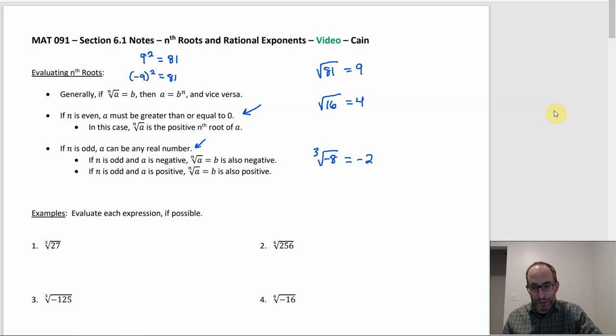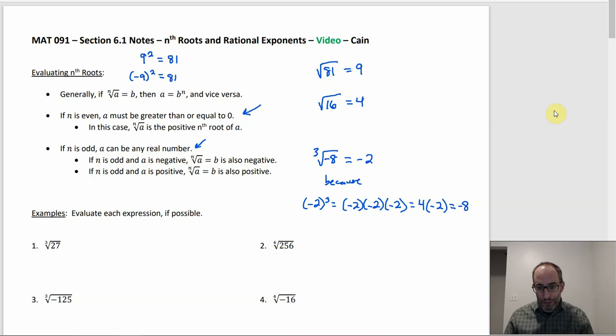And the reason for that is that if you have negative 2 cubed, that's negative 2 times negative 2 times negative 2. And if you multiply the first two negative 2's together, that's a 4. So you'd have 4 times negative 2, which is negative 8. And with odd roots, if you take the odd root of a negative, you're going to get a negative. Take the odd root of a positive, you're going to get a positive.